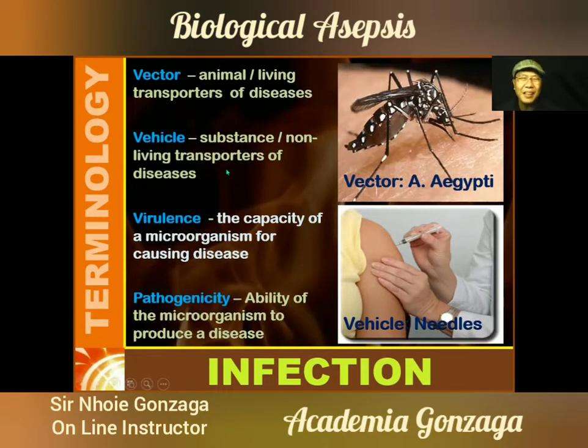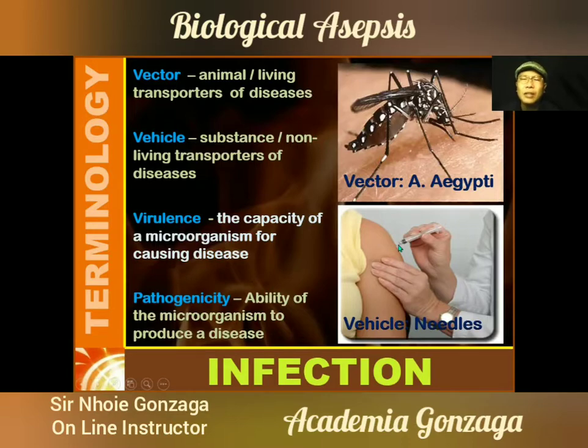Now, on the contrary, if the one that transferred the disease is not a living organism, it is called a vehicle. So it is just like a vector, but this time it is a non-living organism. An example of this is this syringe or this injection. Now, if you are injecting this, and unknowingly, this was already used by another patient, and this needle actually has AIDS or acquired immunodeficiency syndrome, and it was injected to you.